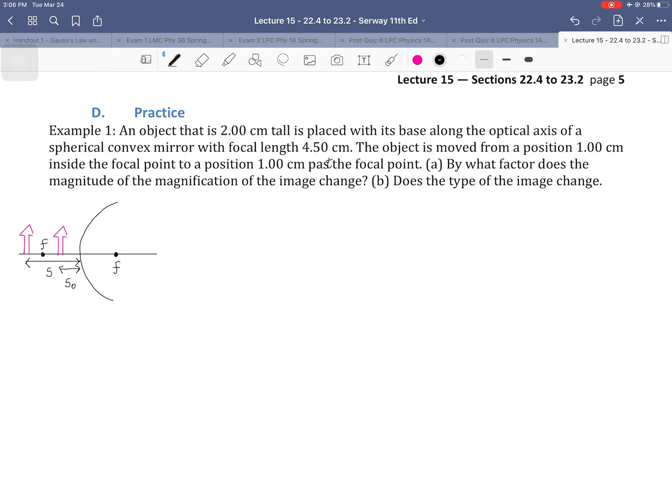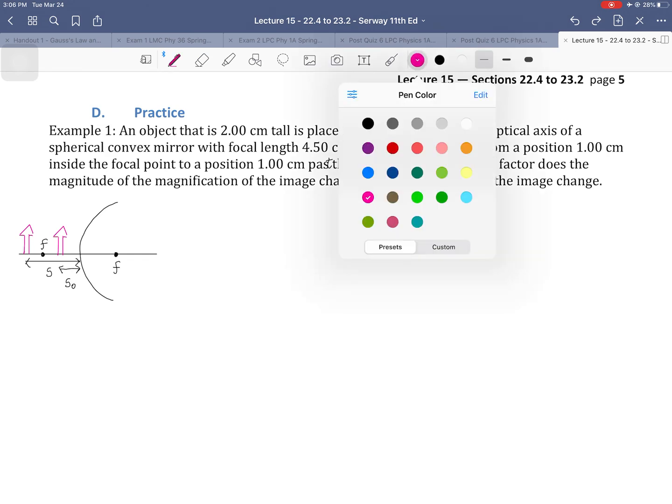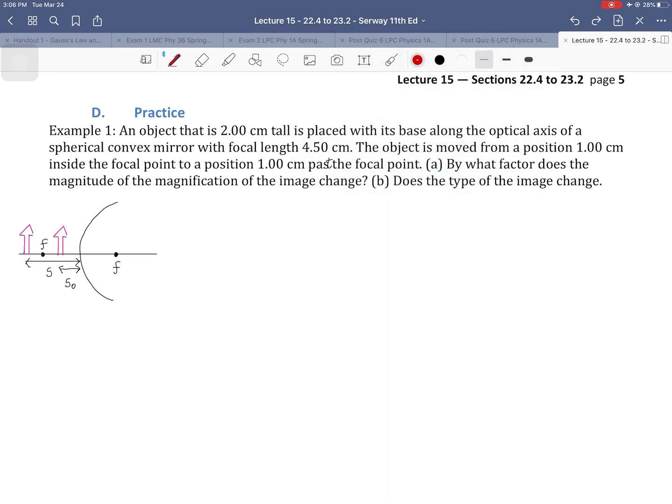In both cases there's going to be an image formed, which would be our S prime, and we want to talk about how those images differ, but importantly how they change the magnification. So in order to do this, we want to start working with the formulas for spherical mirrors.